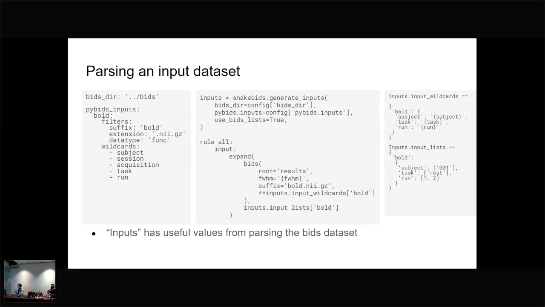The input list assumes that every subject will have the same wildcards, so expand will assume that every combination of wildcards that you give it exists. But there's a different way of specifying this expand function where you can give it zip lists, which is just a list of the same length for every file you want. And so that list will exclude any files that aren't there if the wildcards aren't consistent across all of your subjects, for example.